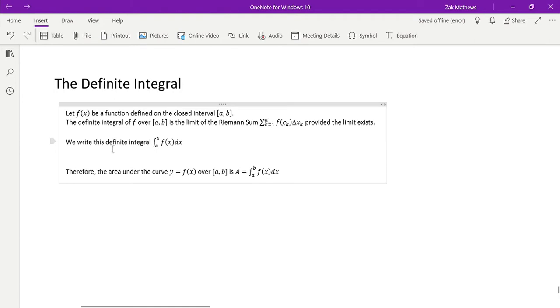Because what we see is this definite integral, and really any integral, is just an area under a curve. And that's what we're stating here. The area under the curve y equals f of x over the interval a to b is A equals the integral a to b f of x dx. An integral is just an area under a curve, as we defined in the Riemann sum.